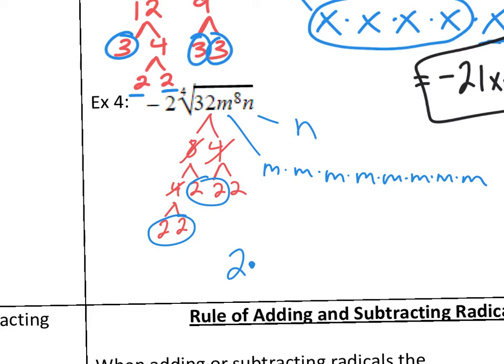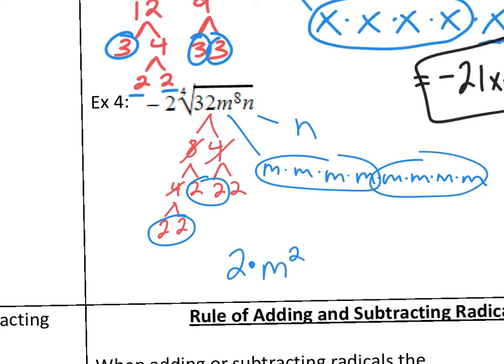Okay. Any groups of M's? 2 groups of M's, which becomes M squared. How many N's? 1. Is that a group of 4? No. Okay. So I can go ahead and draw my radical. What's left inside that? 2n, because we had this 2 left and we had this n left.